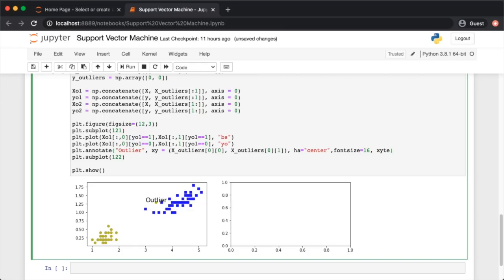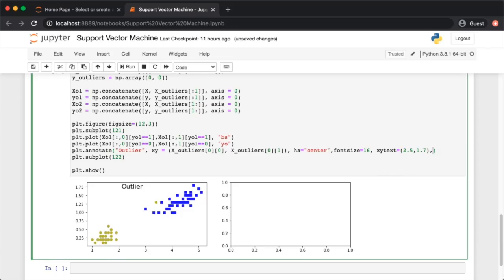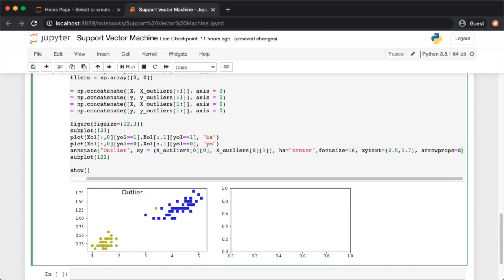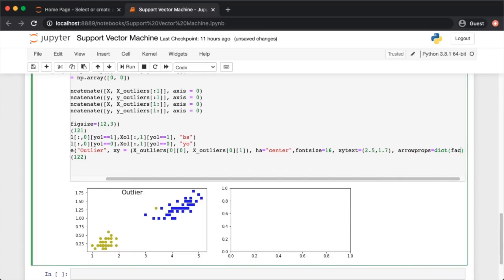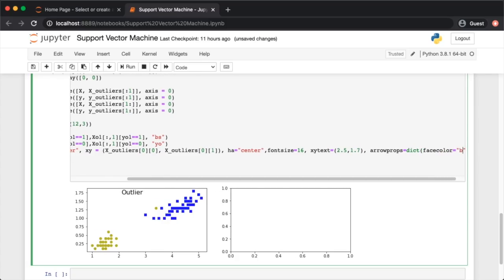let's indicate that it is a text with the following coordinates. Okay, now let's put in an arrow. Arrow props. It's a dictionary containing the color, which we will color as black.